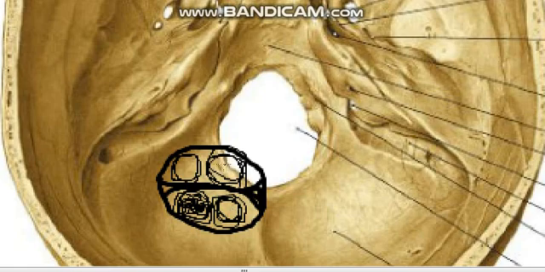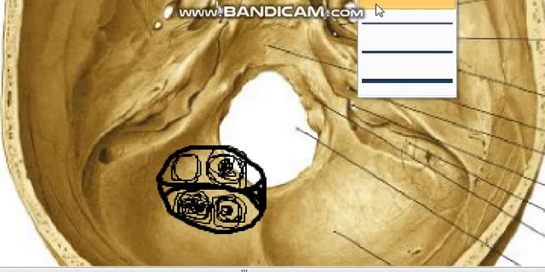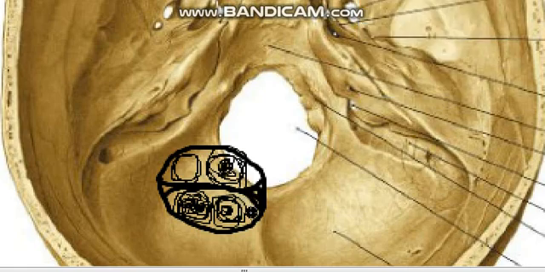So utricle, superior and lateral semicircular canals are above, the saccule below, and you are left with the posterior semicircular canal. Posteriorly you have a single foramen, called the foramen singulare, and through this single isolated foramen you have nerve fibers from the posterior semicircular canal.